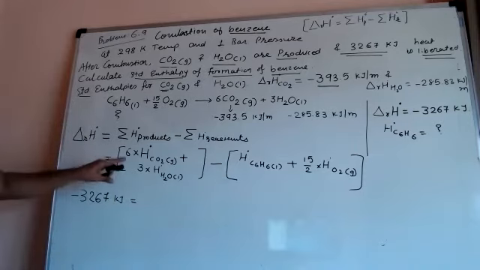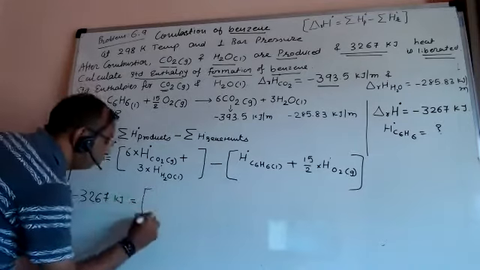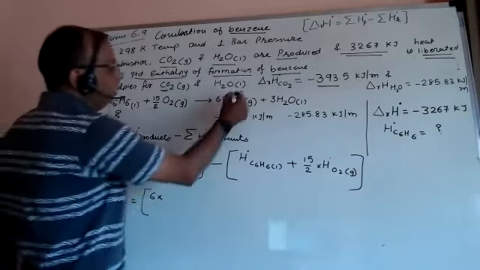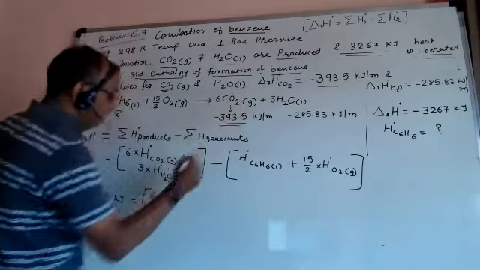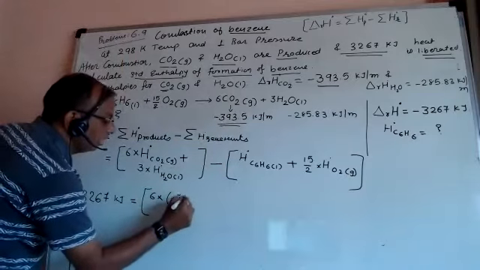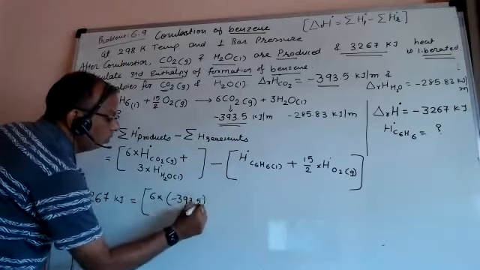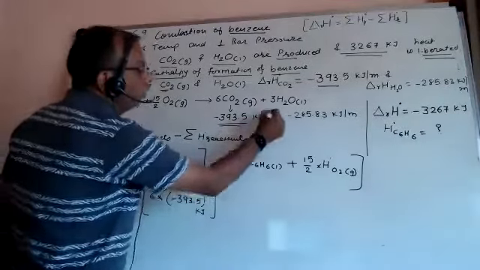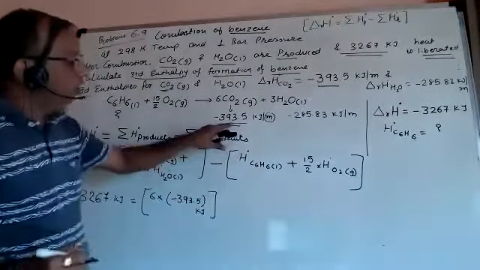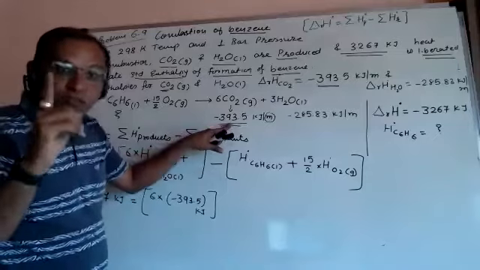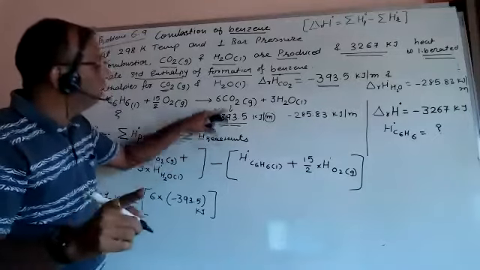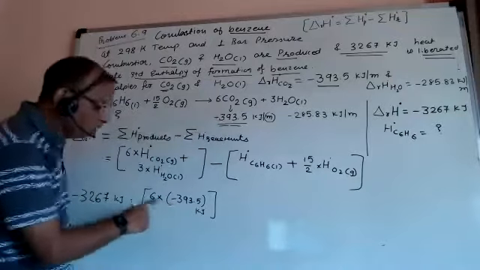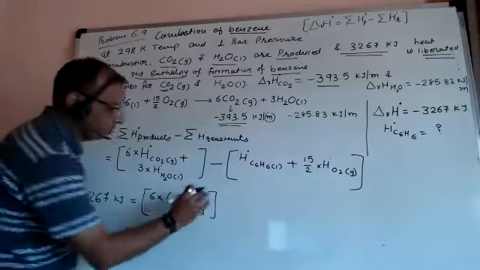And friends, on right hand side, we have to put the values 6 into H° of carbon dioxide, which is already given here, that is minus 393.5 kilojoule. This is kilojoule per mole given. So this amount is for 1 mole. And in our question, friends, there are 6 moles. So we have to multiply this value by 6.